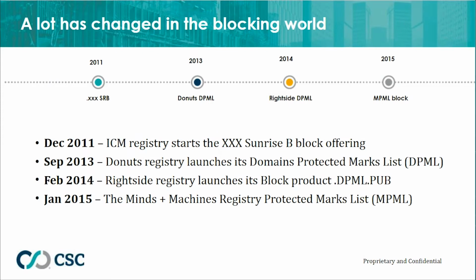Before we jump into the details of how the blocks currently work, let's take a quick look at the history of our blocking mechanisms. Blocking first started back in 2011 with the launch of the XXX extension. The XXX Registry introduced a blocking program where trademark holders could block others from registering domain names containing their brand.